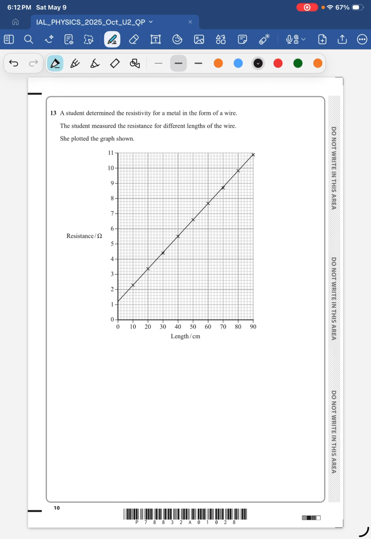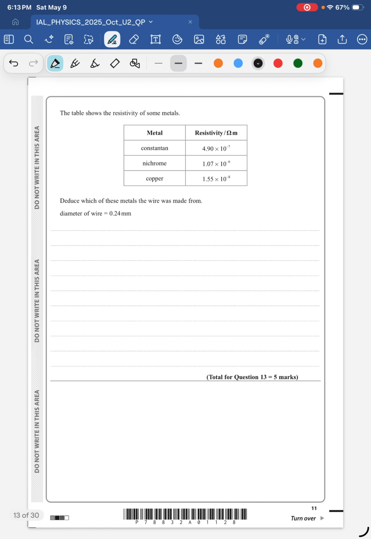A student determined the resistivity for a metal in the form of a wire. Okay, the student measured the resistance for different lengths of the wire. She plotted the graph shown, okay, resistance versus length. So we have a table here that shows the resistivity of some metals. So they have constantan, nichrome, I don't know that, and copper. Okay, deduce which of these materials the wire was made from, and they give you the diameter of the wire.